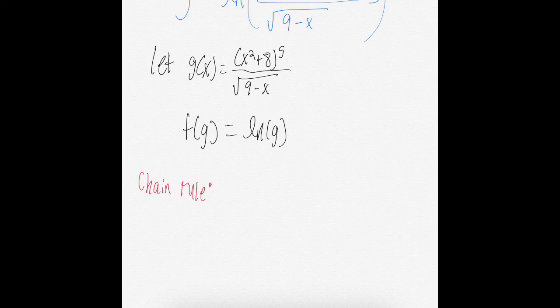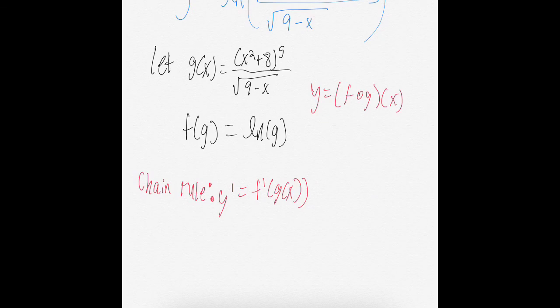So first we're going to go ahead and use chain rule. When I say first, you'll see what I mean in just a second, because we're going to have to do a bit more work here. Chain rule says that y prime is going to be f prime of g of x.